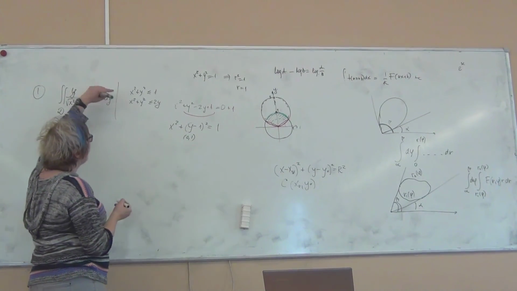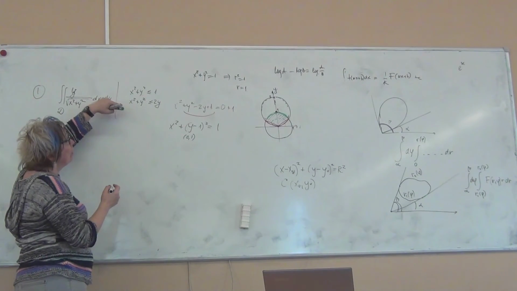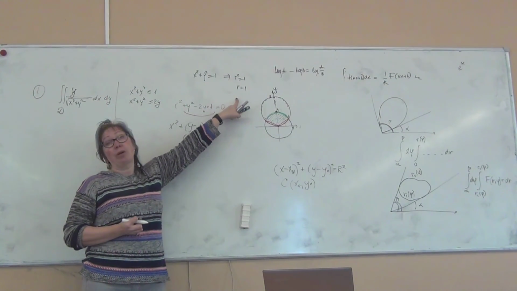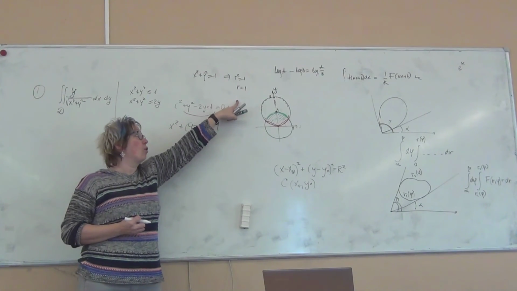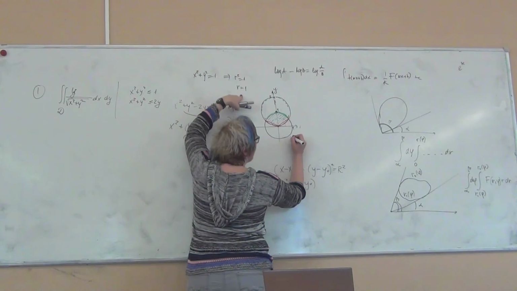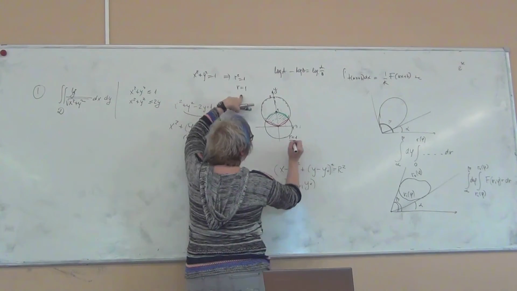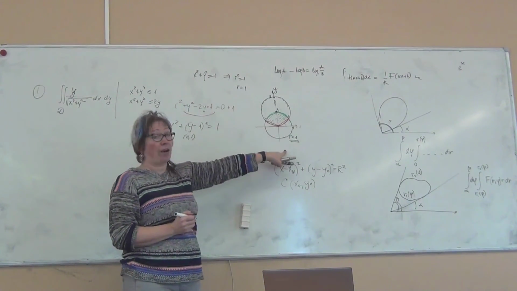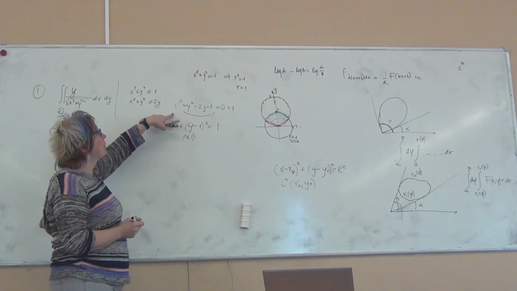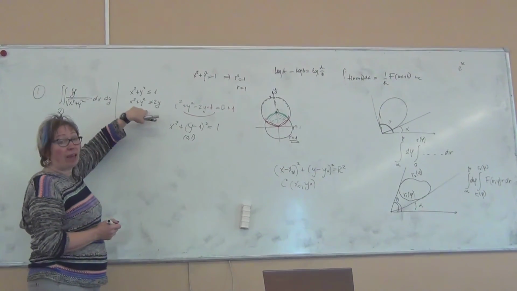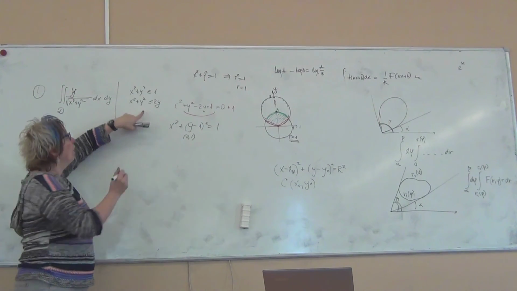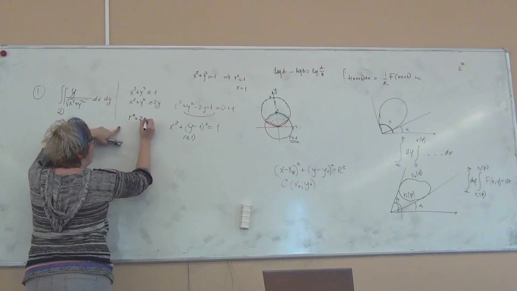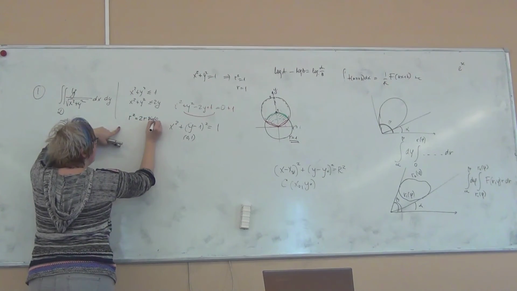So if I want to write this in terms of r and phi, in terms of polar coordinates, the equation for this is r equals 1, as we already saw. This is already there. So the equation for this, we take the original form, and we have r squared equals 2r sine phi.